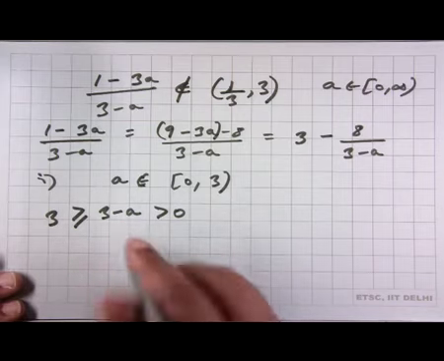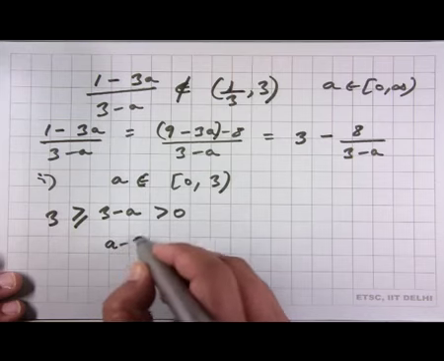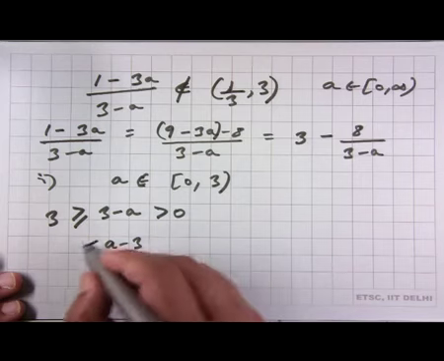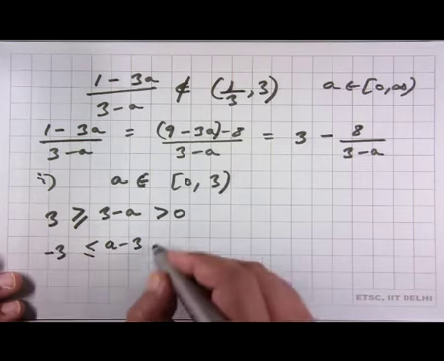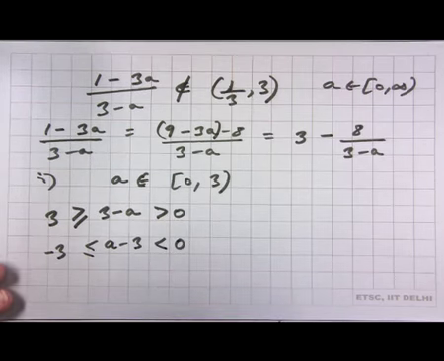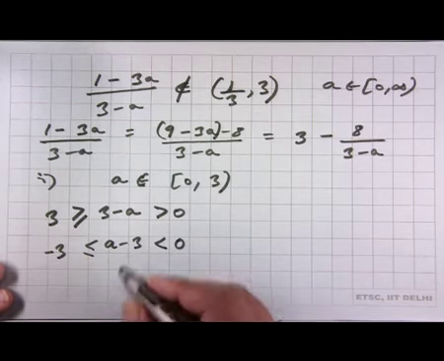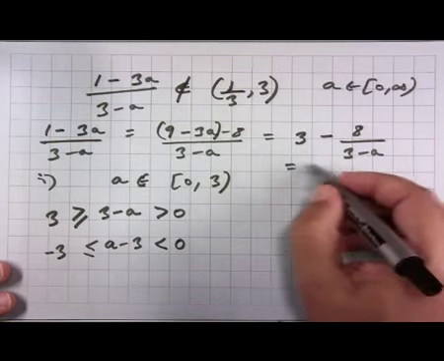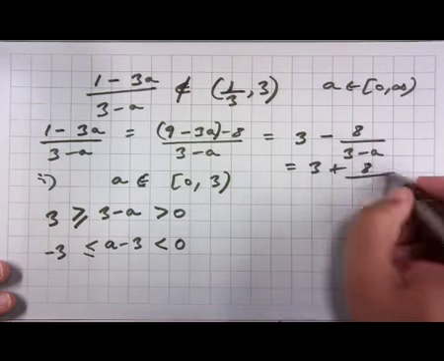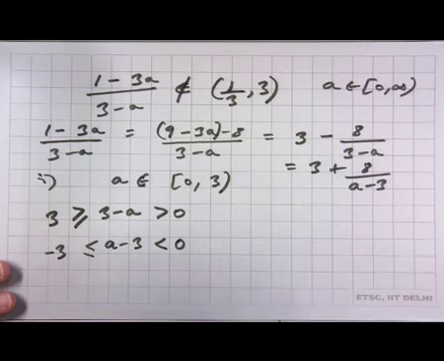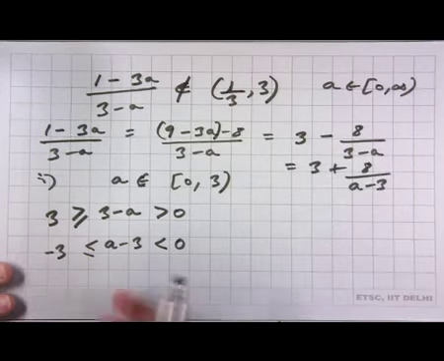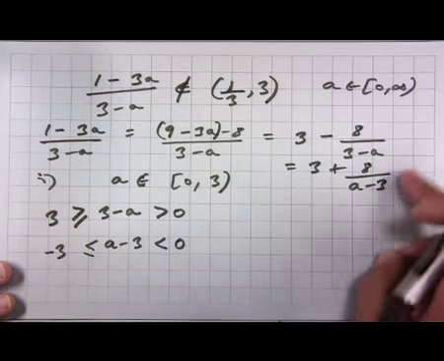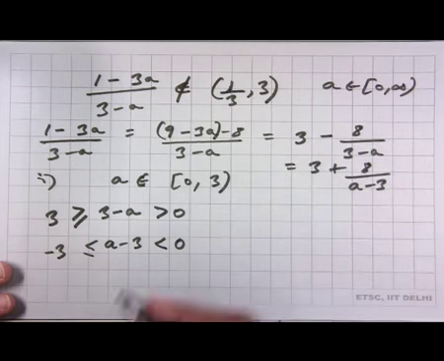Or this could even be written as a minus 3 is greater than or equal to minus 3 and is negative. That is one and the same thing. Now, this can also be written as 3 plus 8 over a minus 3, and then we need to find the range of values for 8 over a minus 3.